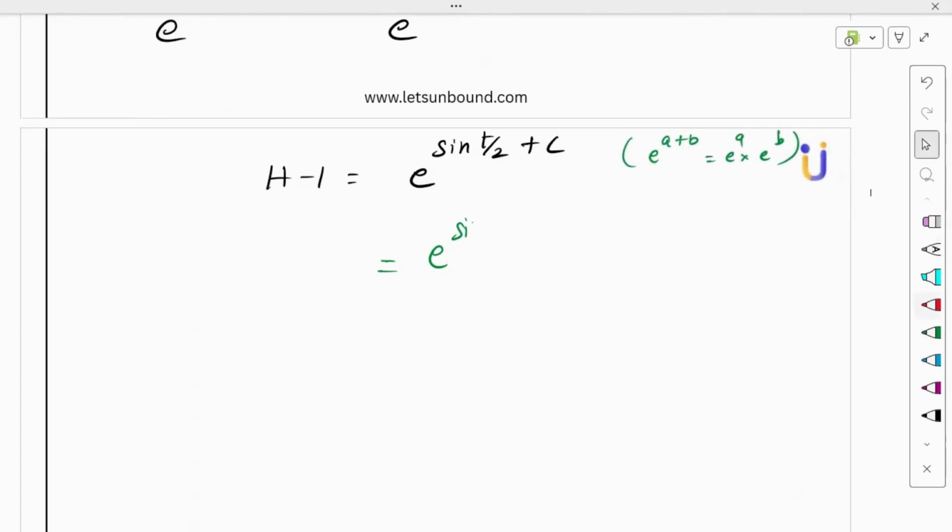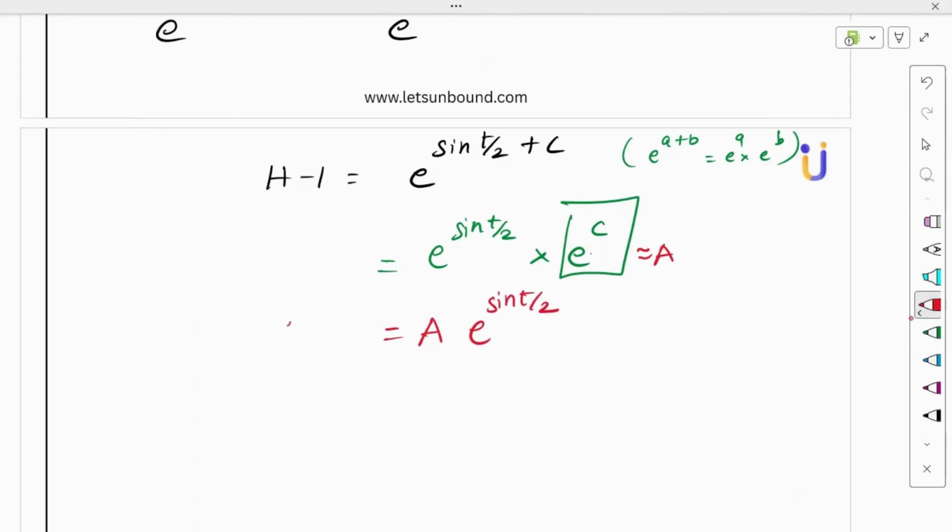So we have e power sine t by 2 into e power c. e power c is a constant. I'm going to give a name a for it. So it becomes a e power sine t by 2. And left side remains untouched, it's h minus 1. Then h is equal to a e power sine t by 2 plus 1.